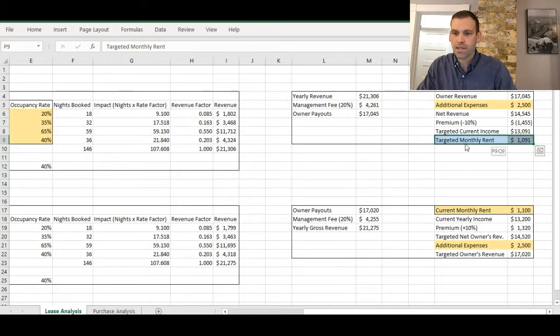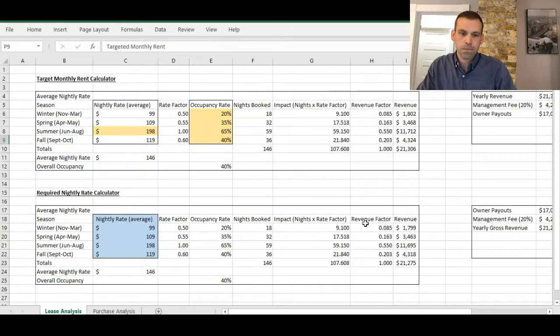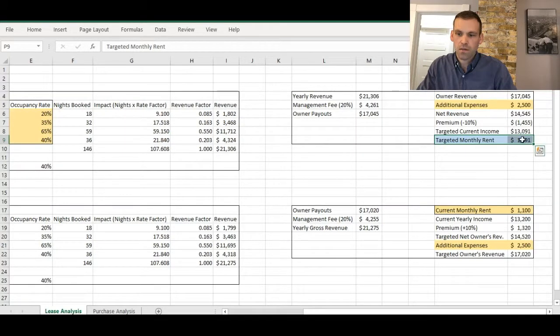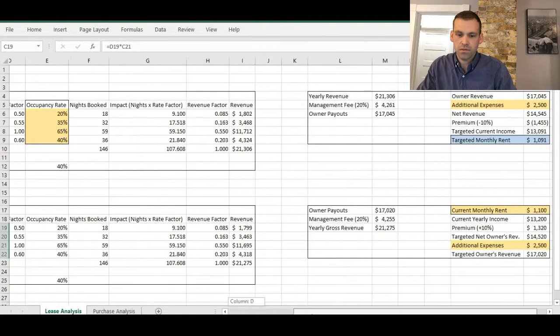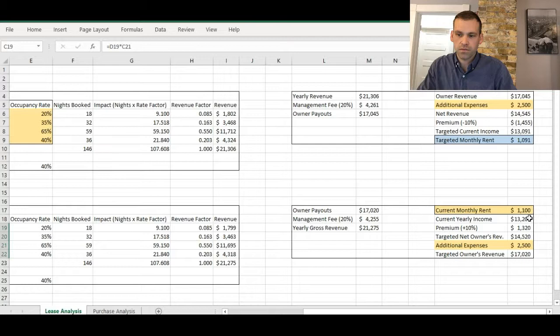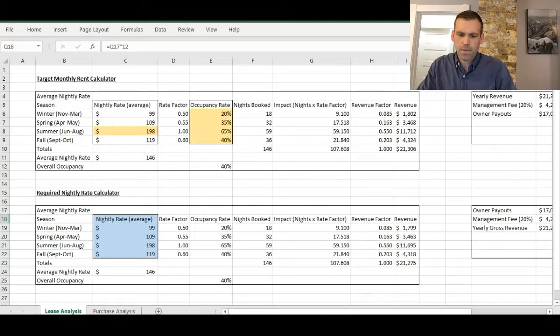If that property is asking more than that, I don't think I can make it work. So this calculator tells me the level of rent I can go after for this property. And this calculator is telling me the nightly rates I need to achieve based on the income that I need to deliver to the landlord. I hope that makes sense.